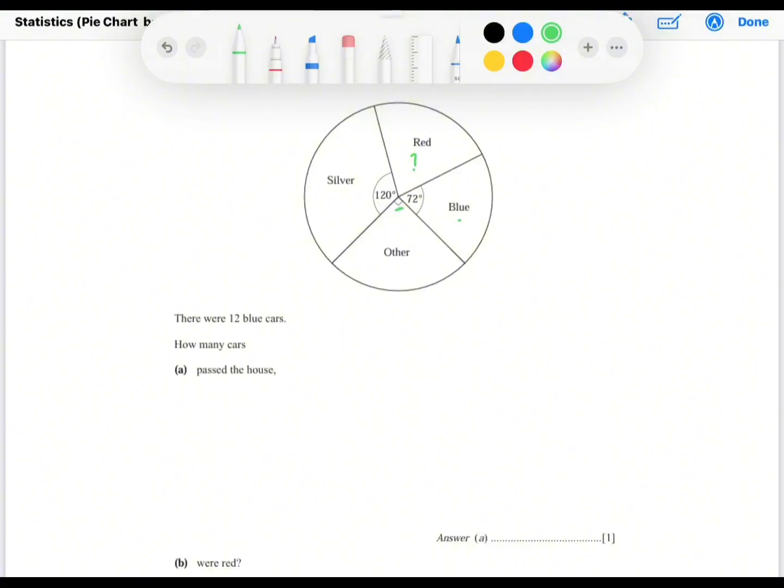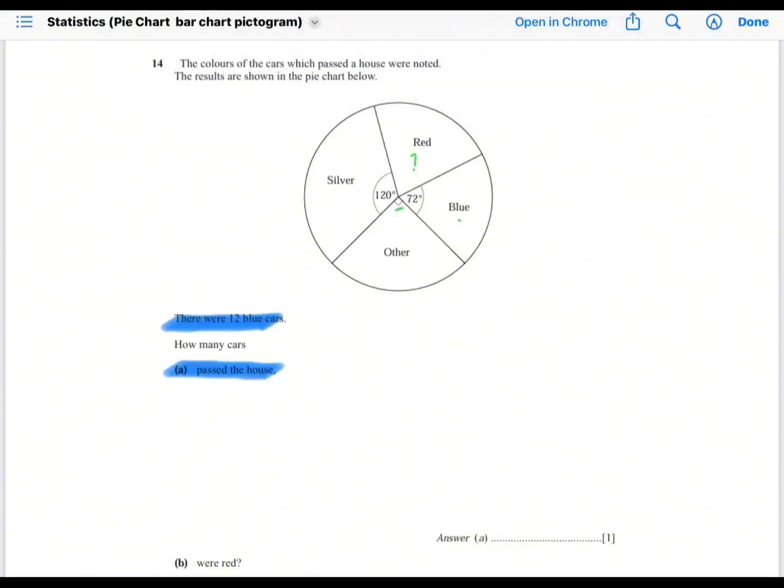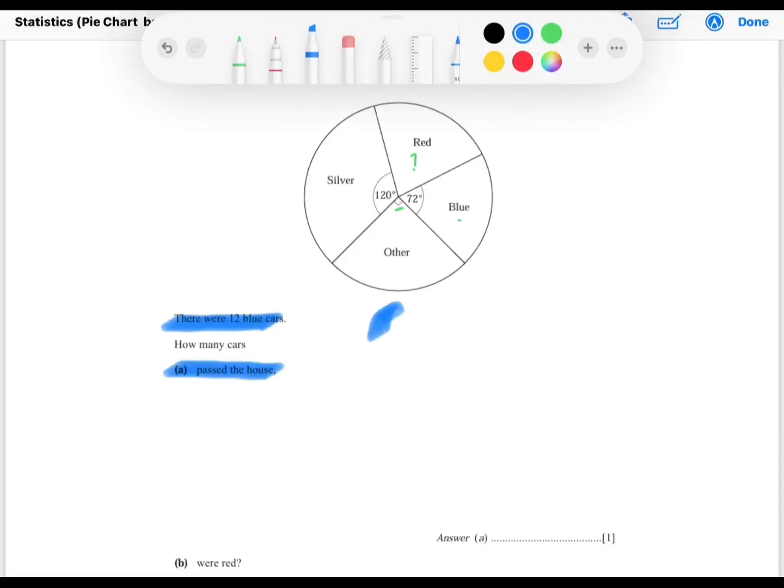Now we need to find out: there are 12 blue cars, how many cars passed the house? So basically we need to find the total number of cars that passed, and they have given that 12 cars are blue. I'm writing the formula again. The formula is angle equals the number of cars of that category divided by total, multiplied by 360.